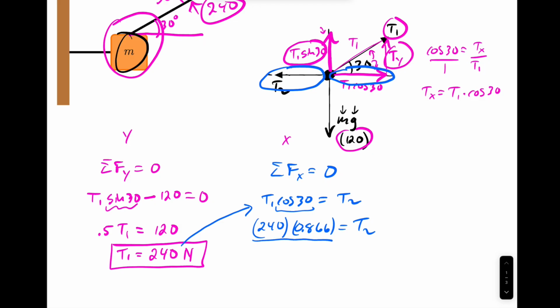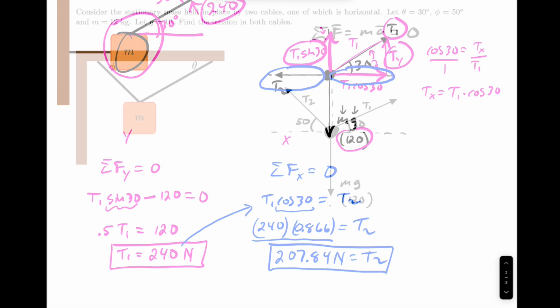So all I have to do now is that calculation and I'll know what T2 is. 240 times 0.866 turns out to be 207.84, and the unit on that would be newtons. So there you go. We just found the tension in both cables.